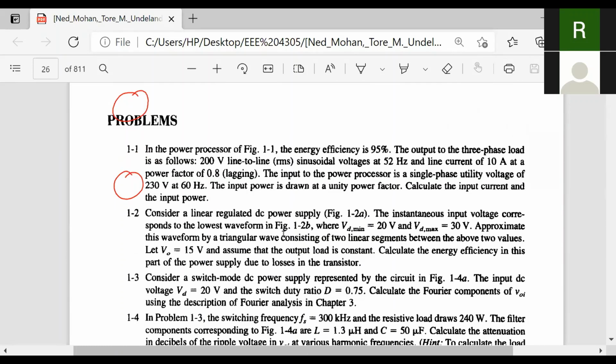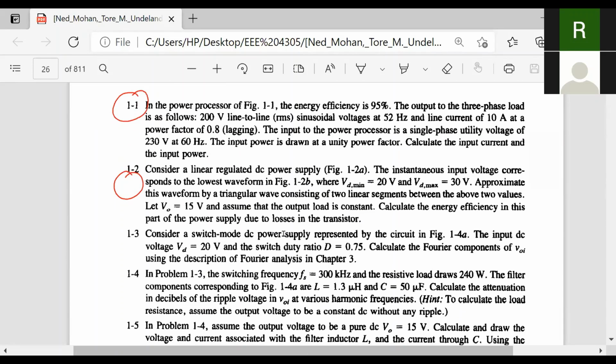No, sorry, this will be the two problems, from chapter 1, 1.1 and 1.2. Look here, they have already referred to figure 1.1 and figure 1.2a. So please try these two problems, okay? Please interact with me. Hello. Okay, sir. Yes, sir.